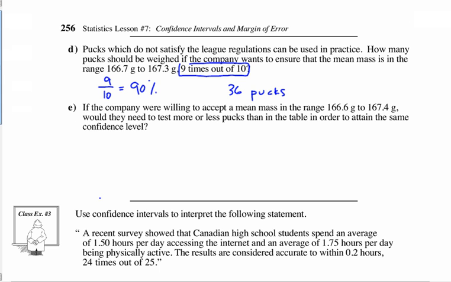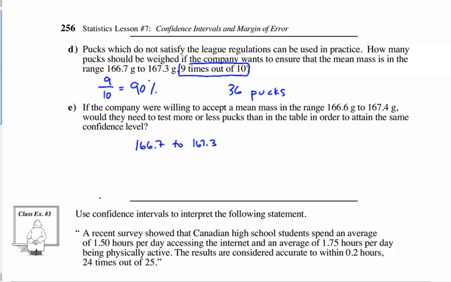If the company were willing to accept a mean mass between 166.6 grams and 167.4 grams, would they need to test more or fewer pucks than in the table in order to attain the same confidence level? So now the old range used to be 166.7 to 167.3.